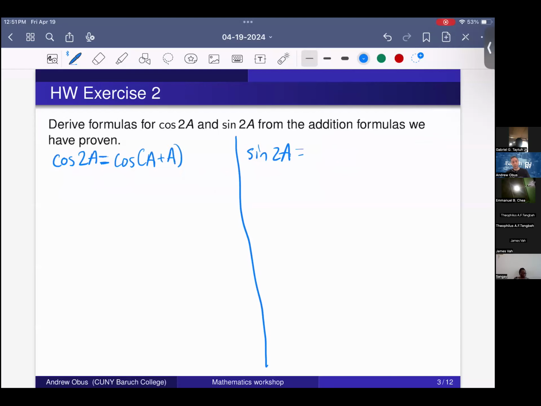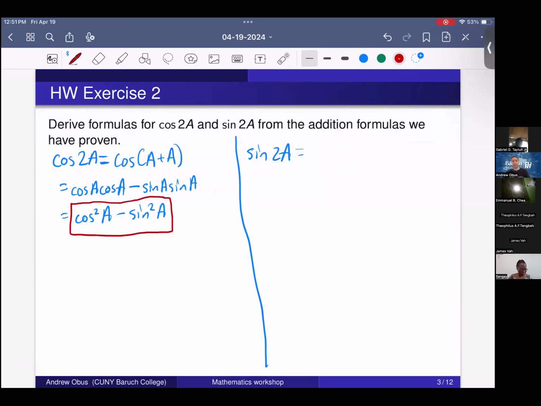And so now we have our formula. This is cosine of a times cosine of a. And then remember, cosine turns a plus into a minus. So minus sine of a times sine of a. Or if we want to simplify this, this is cosine squared of a minus sine squared of a. So this is one way of writing the formula for cosine 2a: it's equal to cosine squared of a minus sine squared of a.